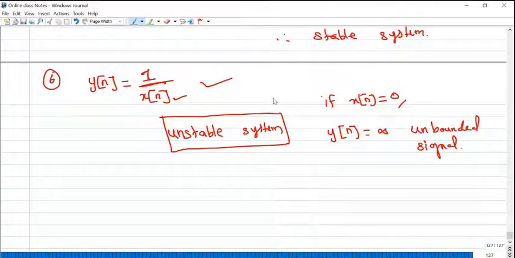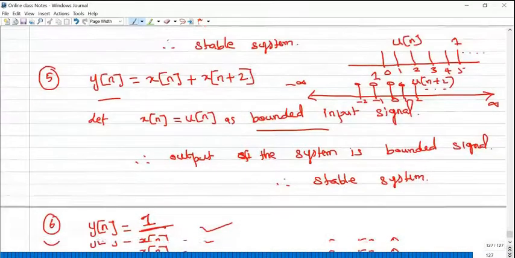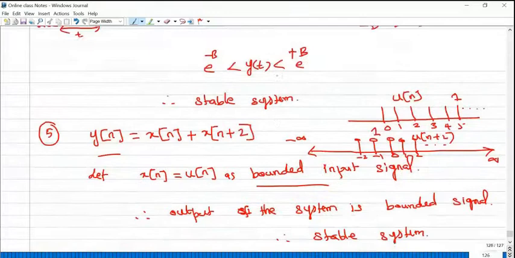Okay. So remember that whenever you have the problem in this type, then you have to check for x of n equal to 0. Then if y of n is infinite, then it is an unbounded signal. So there is no fixed rule to check whether your system is stable or unstable.